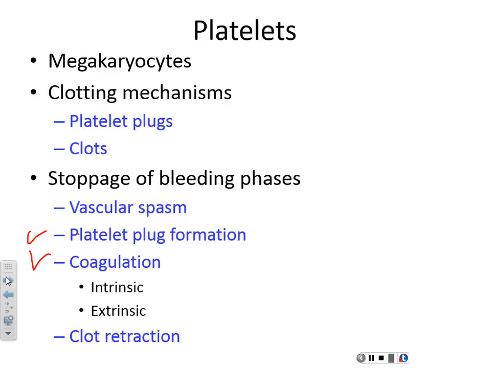It has two ways. The intrinsic mechanism is caused by something in blood, which is called Factor 12, XII.